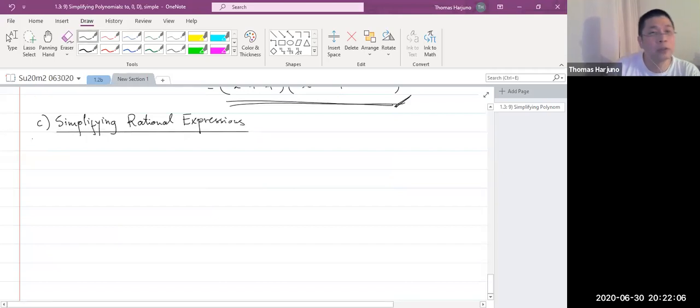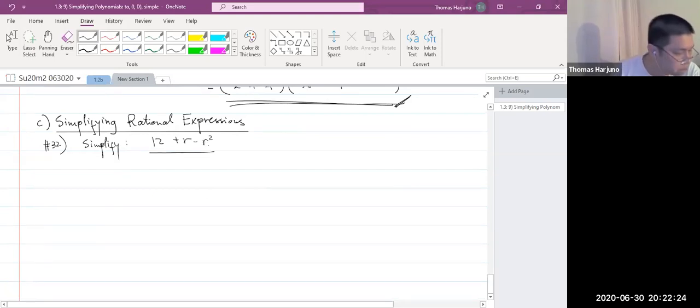Okay, for example, number 32. If we have 12 simplified, 12 plus r minus r squared over r cubed plus 3r squared.